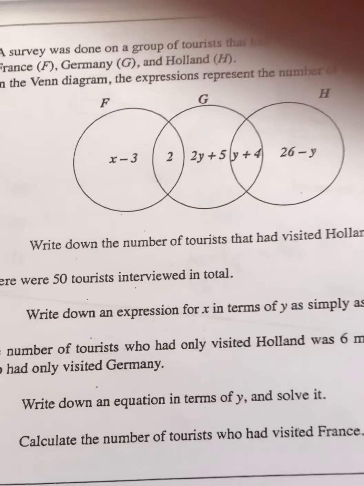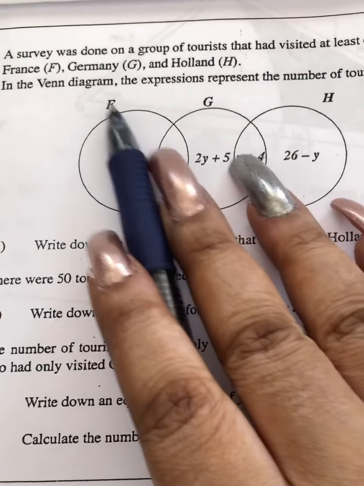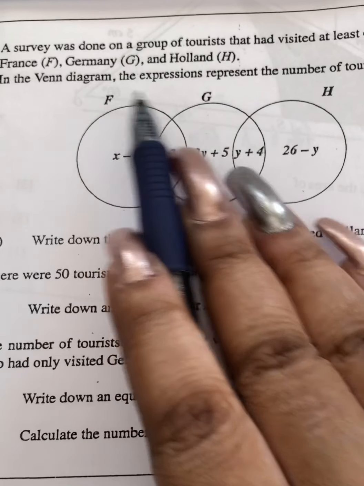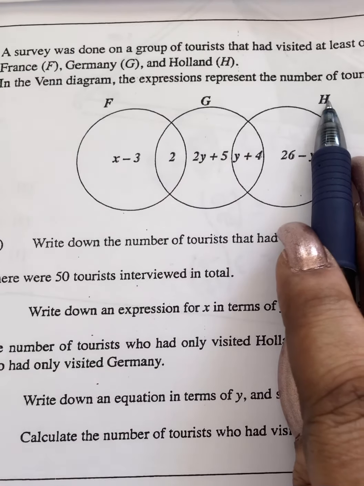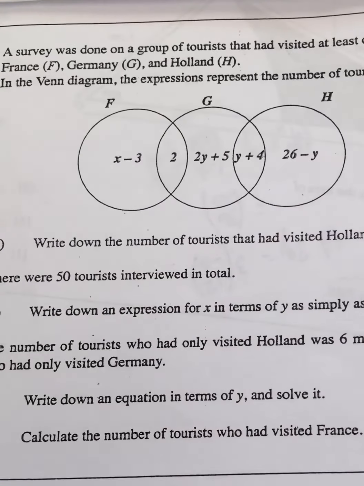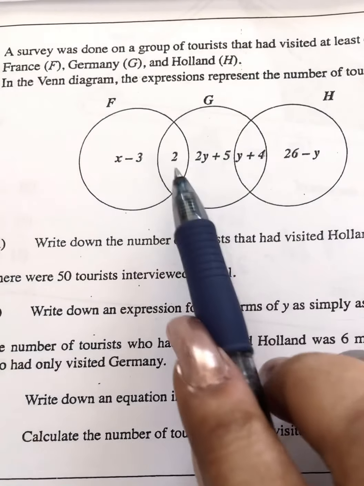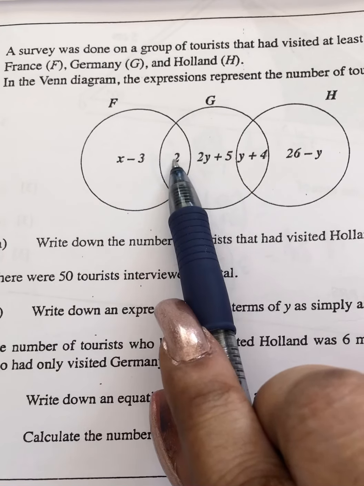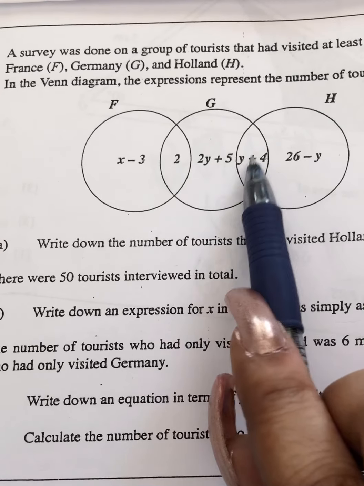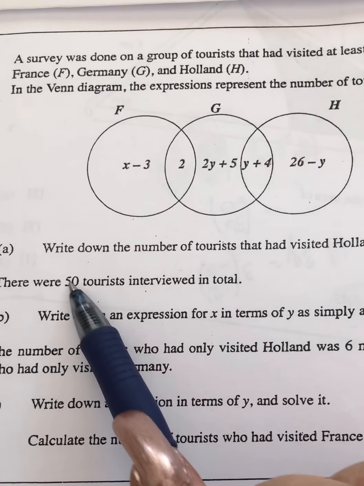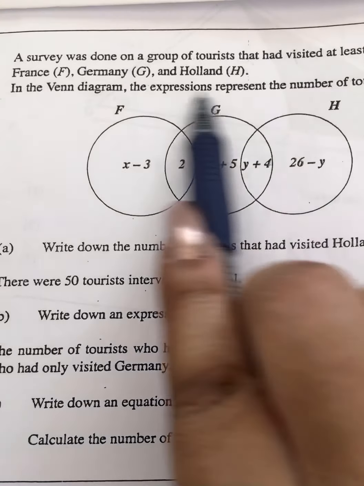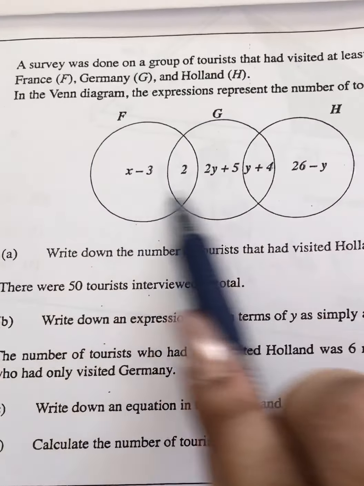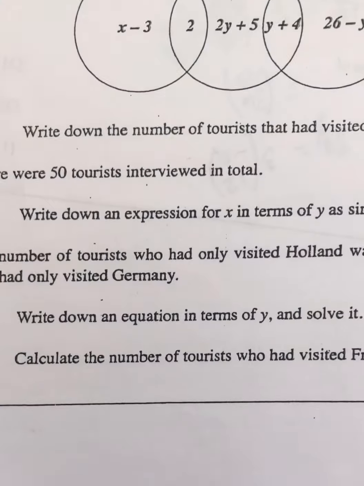We have France, represented by F, Germany, represented by G, and H for my Holland. What I am going to do is to take each of these parts, add them together, and make it equal to 50. Because all together there were 50 tourists. Alright, so this is my calculation now.